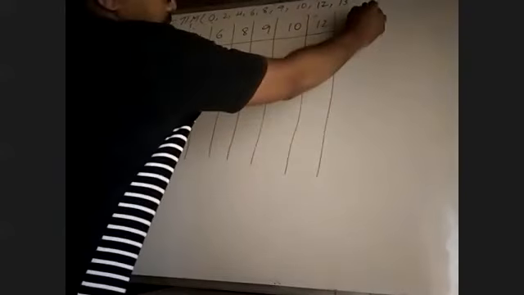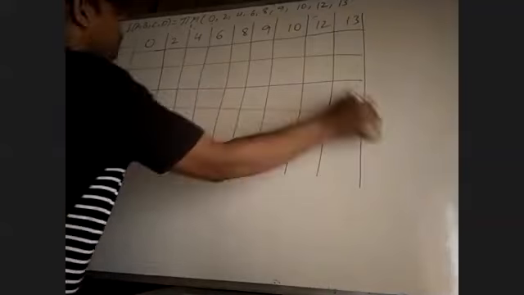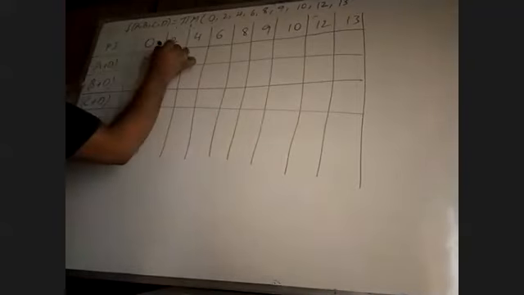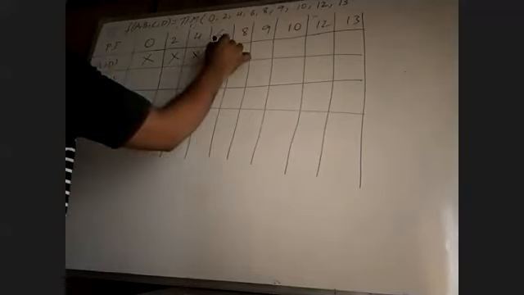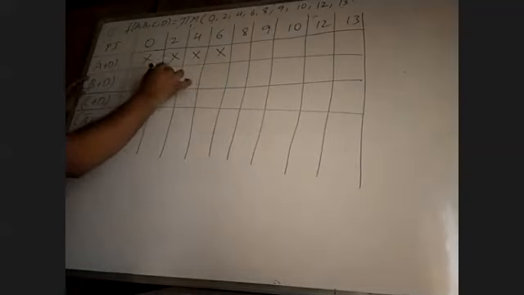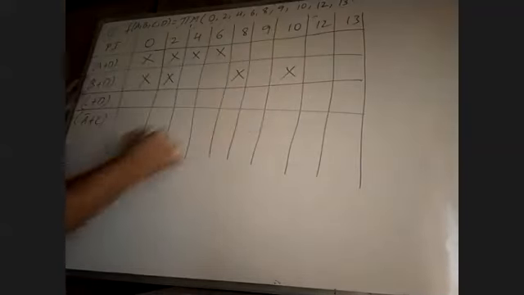Now Venkat, tell me, what are the max terms of A plus D? 0, 2, 4, 6. A plus D max terms are 0, 2, 4, 6. B plus D: 0, 2, 8, 10. And C plus D.